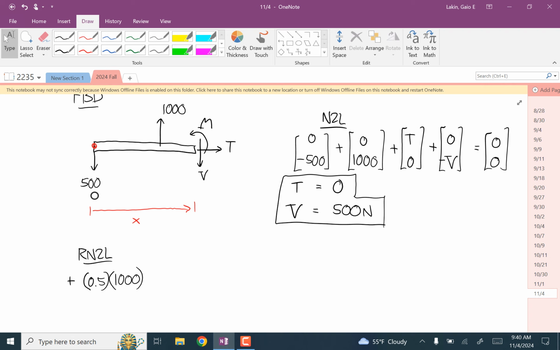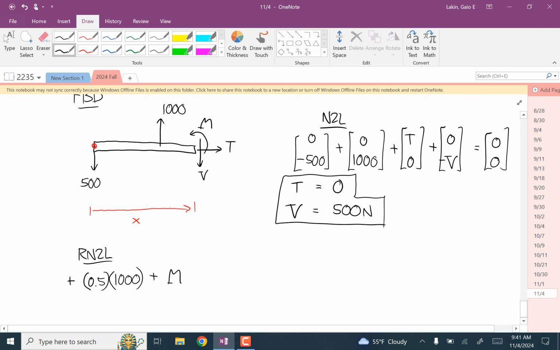And then we got plus m. The v is always going to show up as minus vx because that arrow would cause a clockwise rotation.